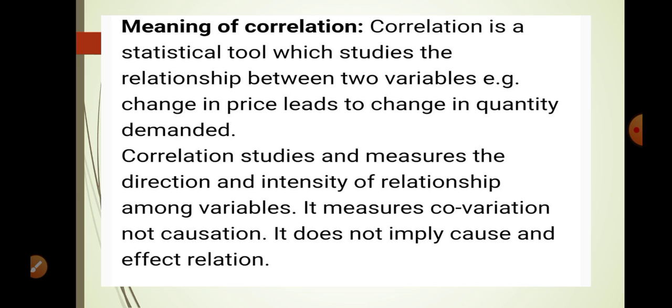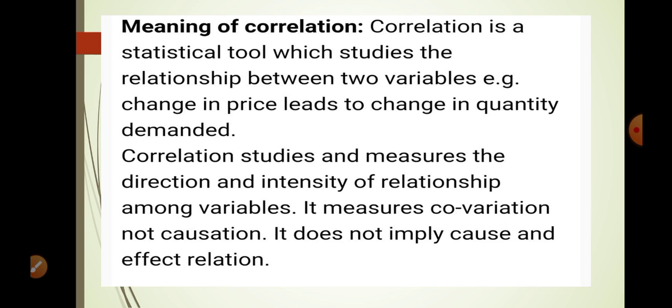Correlation, relation, means when we find any relation between two things, that is correlation. In the same way, here two series are given and we have to find out if there is any relation. If there is any relation, is it negative or positive, and what is the degree of correlation.